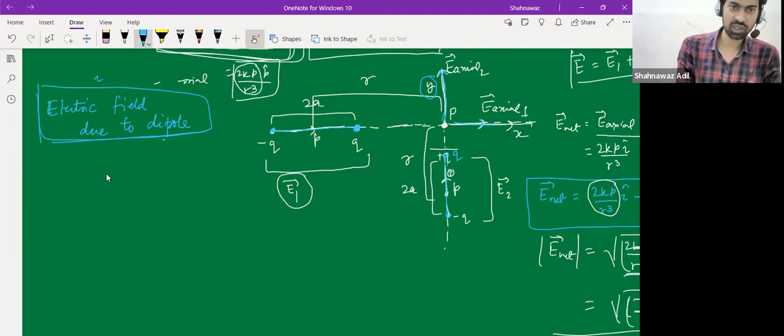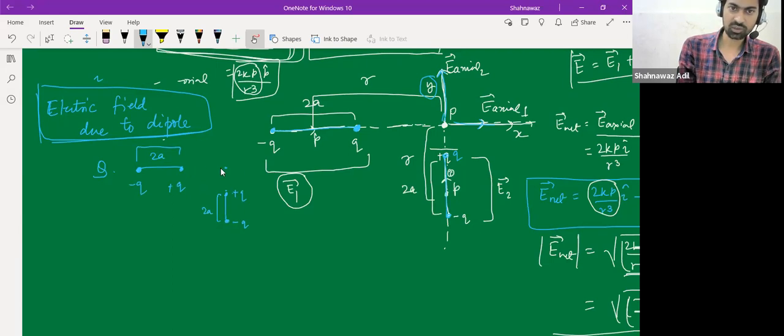The question was that we have two dipoles, and the separation is 2a. And the other dipole, which is here, this is plus Q and this is minus Q, and the separation is also 2a.